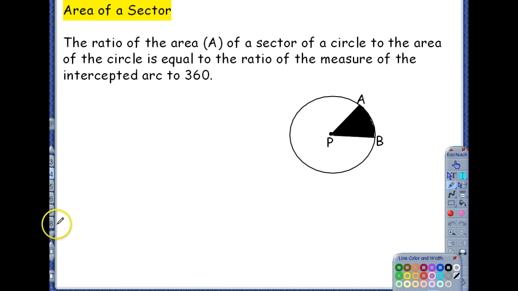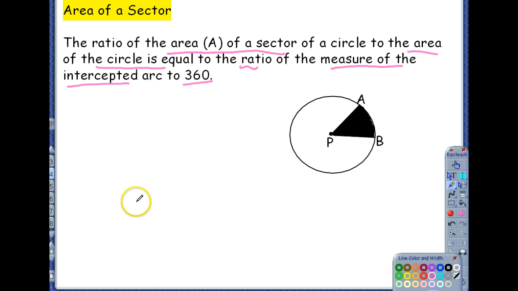All right. So when we talk about the area of a sector, we're talking about the ratio of the area of a sector of a circle compared to the area of that circle being equal to the ratio of the measure of the intercepted arc compared to 360.